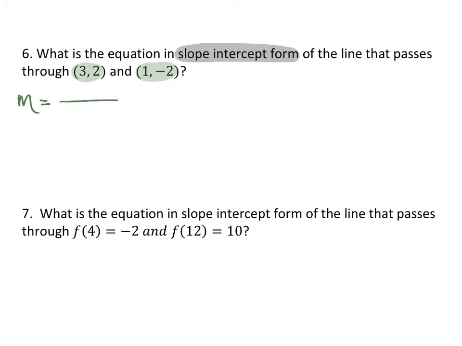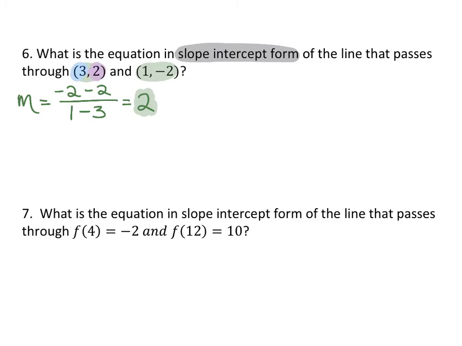This should start to feel like the back of your hand. We know how to do this. y2 minus y1 over x2 minus x1. We throw that into our brain or into a calculator, and we're going to get that the slope is 2. Okay, so we can plug that into our point slope form because now we have a slope, and we have a point.